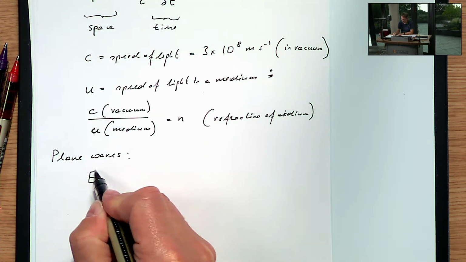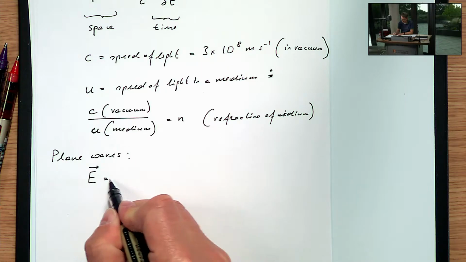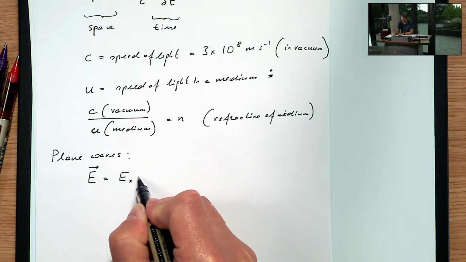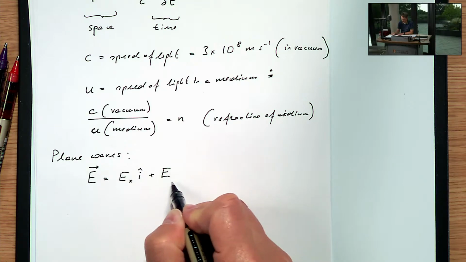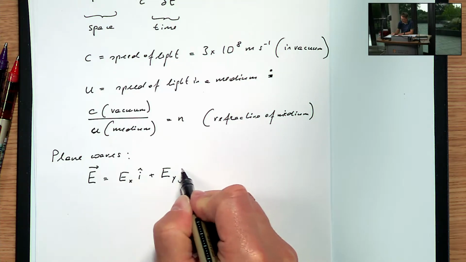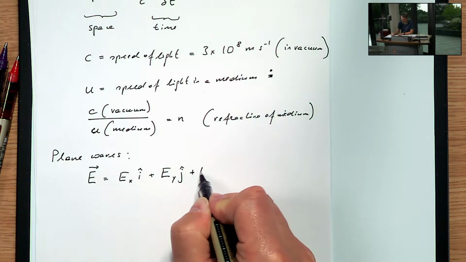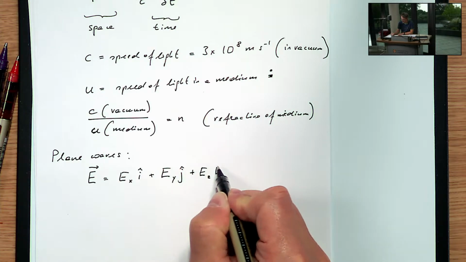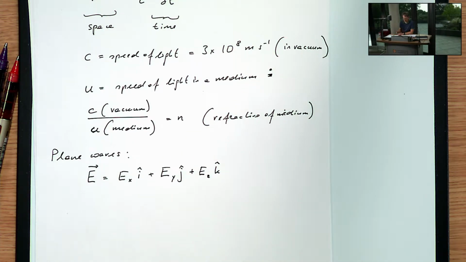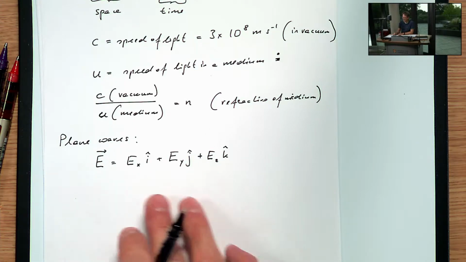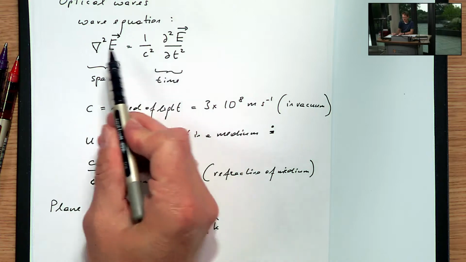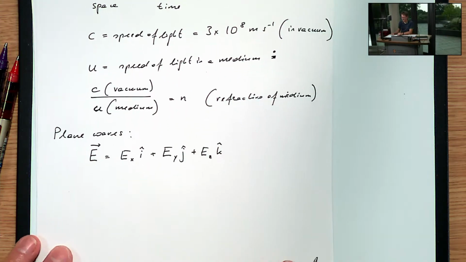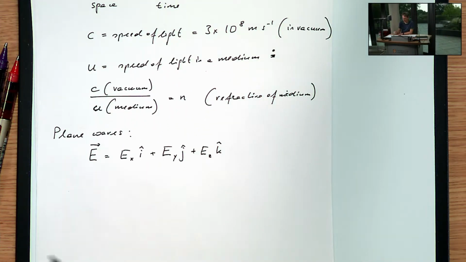The electric field E is given by Ex times i, where this is a unit vector, plus Ey times j plus Ez times k. And so you can rewrite the wave equation in these Cartesian coordinates. You can write one for each component.